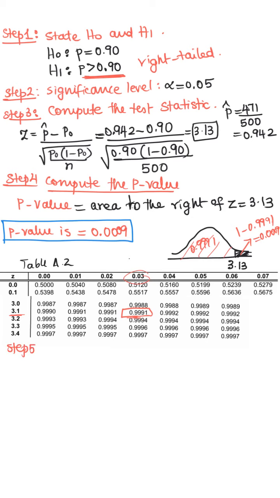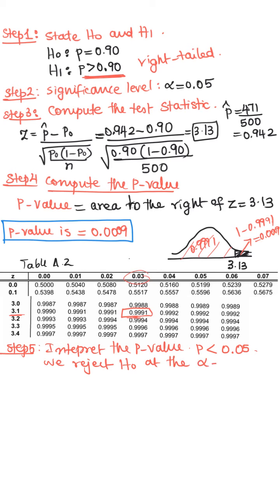Now step 5, interpret the p-value. Here the p-value is less than 0.05. So we reject the null hypothesis at alpha equal 0.05 significant level.